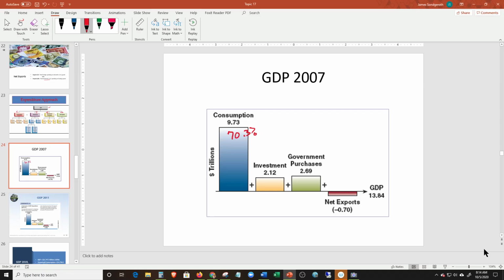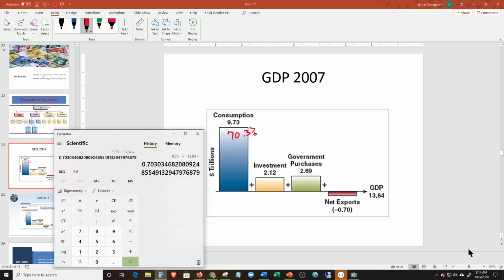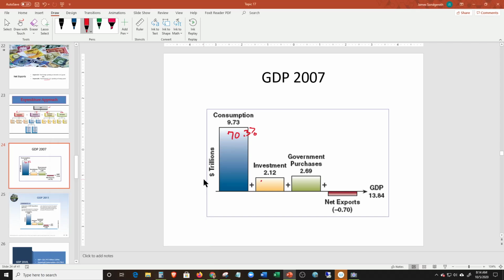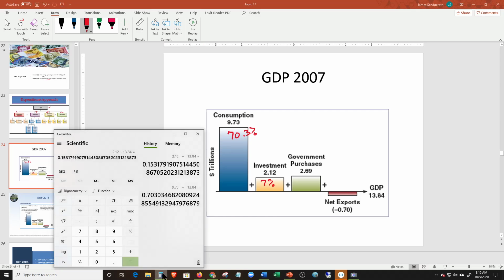Let's take a look at investment, which is 2.12 divided by 13.84, and that's a little over 7%. I just thought it was a little bit larger. Let's take a look at government now. That's 2.69 divided by 13.84.